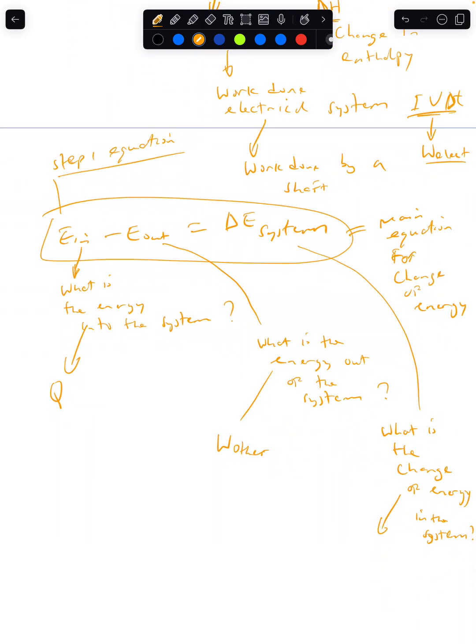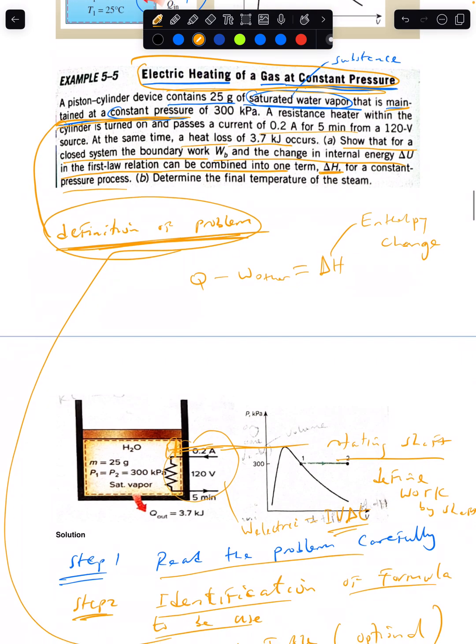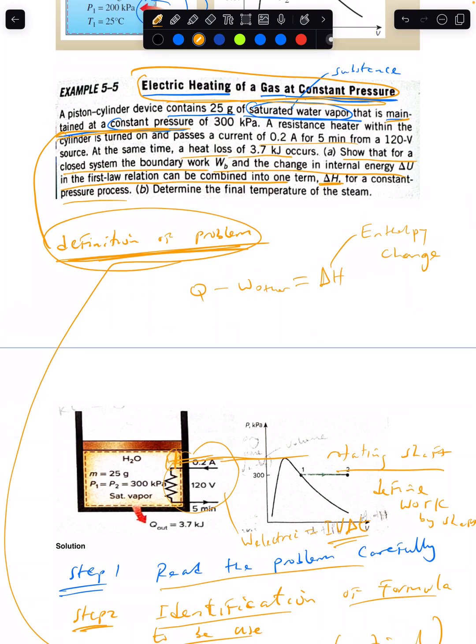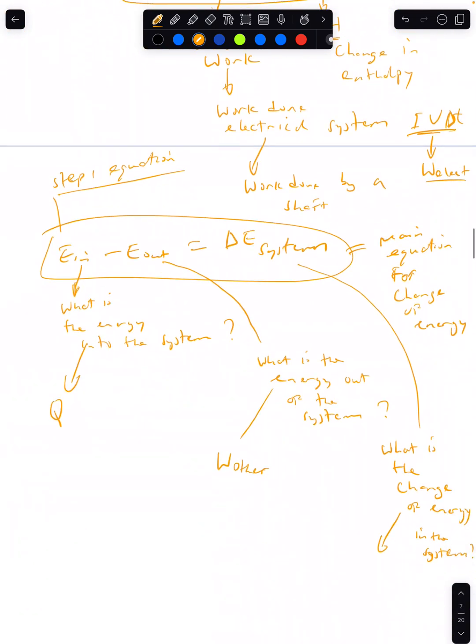So the energy for the system now is established from the concept of the kind of problem I have. When you define the kind of problem, you know that I'm dealing with a constant pressure problem. Then you can define the energy for this kind of system.